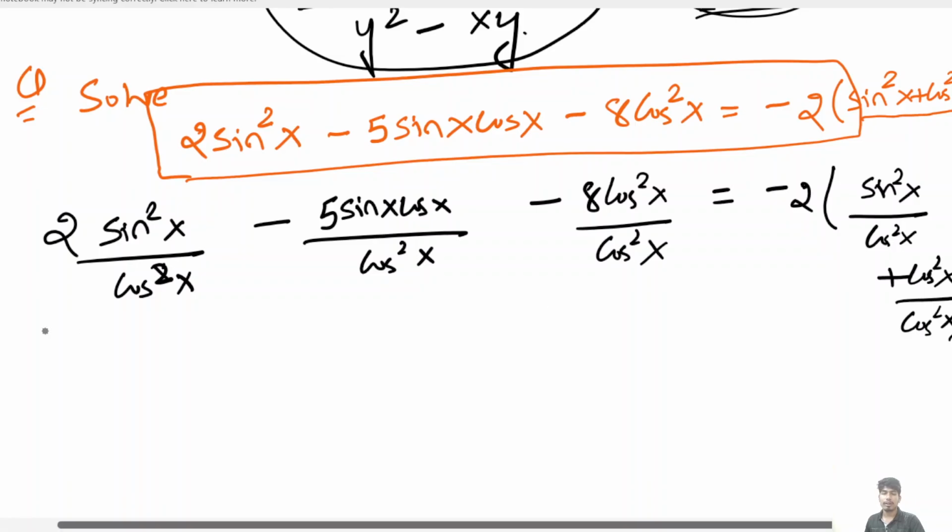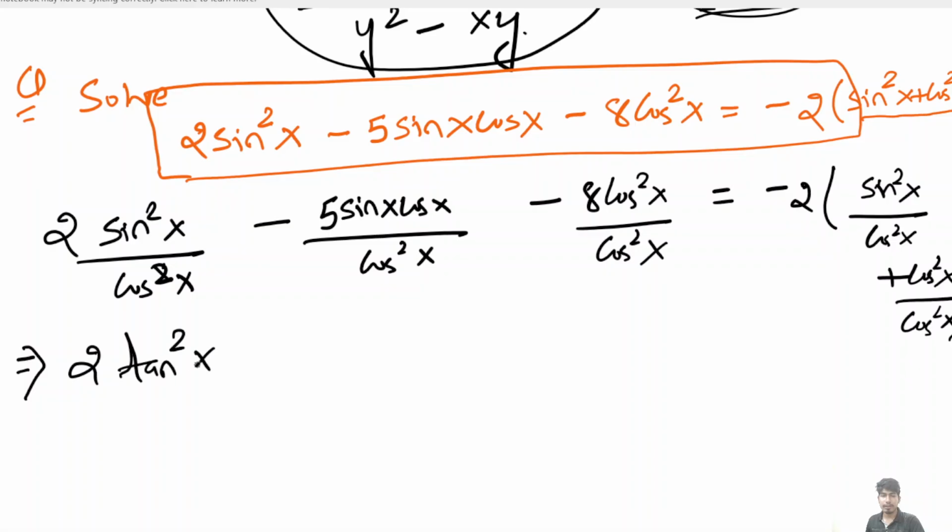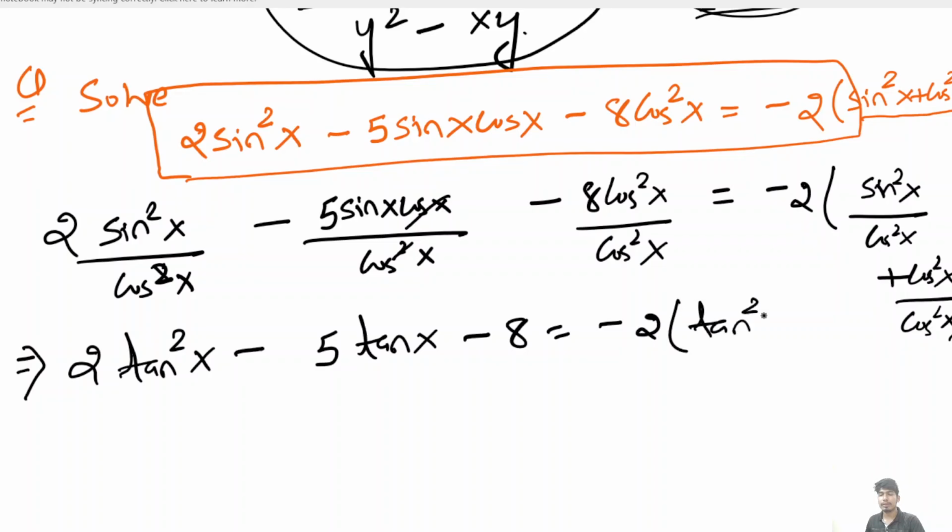Sine upon cos is tangent, so we get 2 tangent square x minus 5 tangent x minus 8 is equal to minus 2 into tangent square x plus 1.